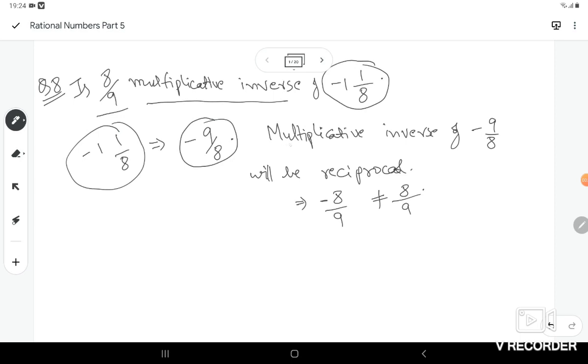And we know that the multiplicative inverse of a number is the number which when multiplied with the number gives the result as 1. So the multiplicative inverse of minus 9 by 8 will be the reciprocal of minus 9 by 8, which is minus of 8 by 9, and which we can clearly see is not equal to 8 by 9.